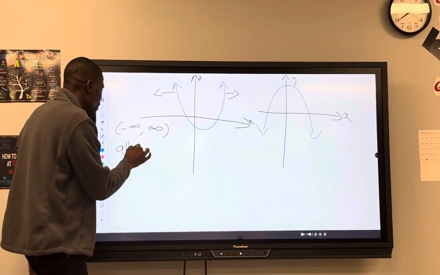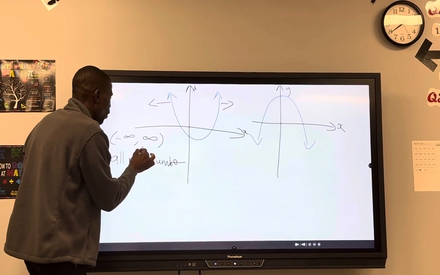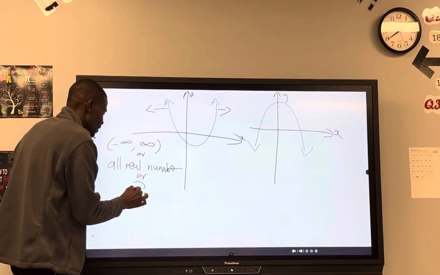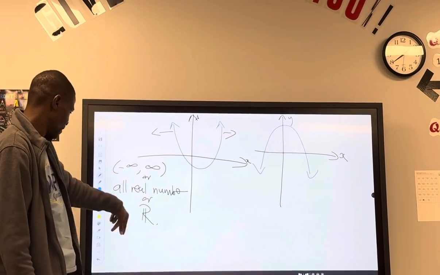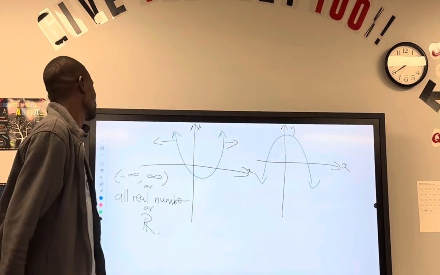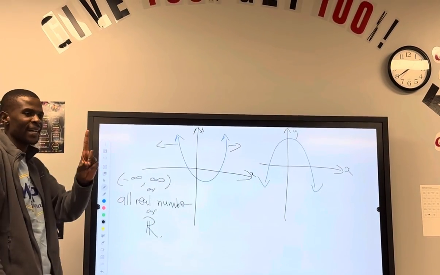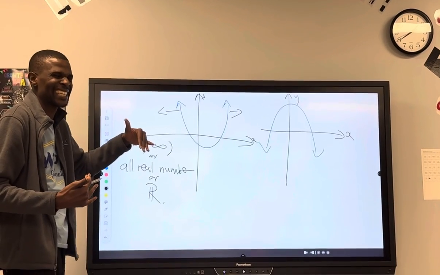Or you can just write R with a double stroke. It means all real numbers. So that's my domain.